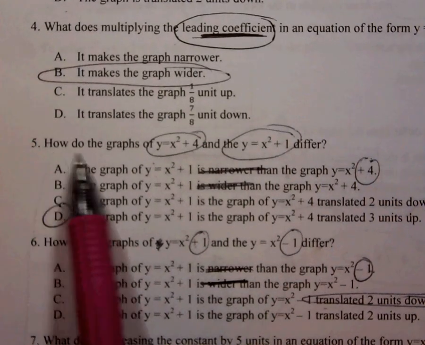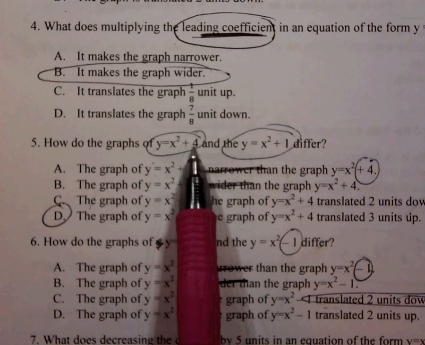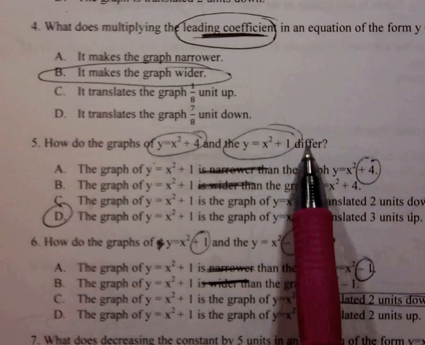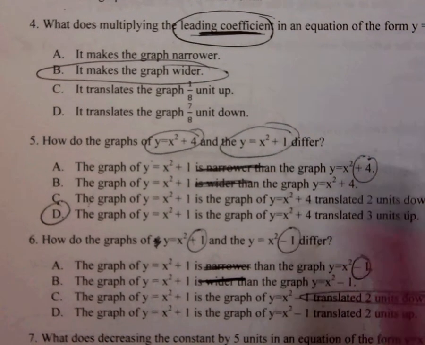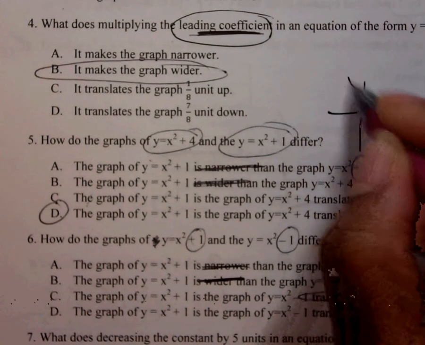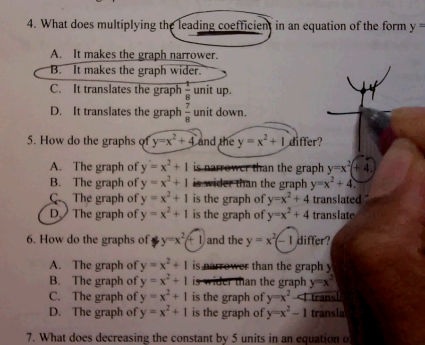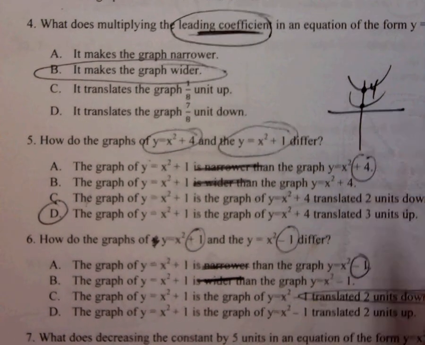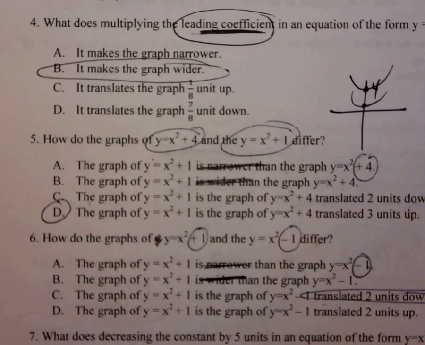Number 5, how do the graphs x squared plus 4 and x squared plus 1 differ? Okay, if you don't remember that, that means that one of them is going to have a vertex of 4 and the other one is going to have a vertex of 1, then you should graph it in the calculator.